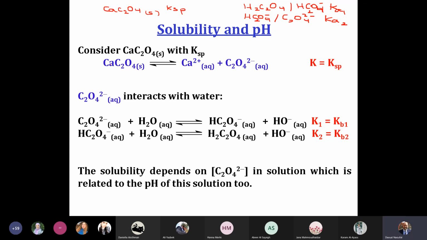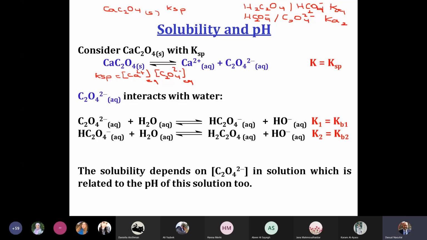And the weak electrolyte dissociates partially to ions till the equilibrium, and at equilibrium we have KSP equal to the concentration of Ca2+ at equilibrium times C2O4 2- at equilibrium.